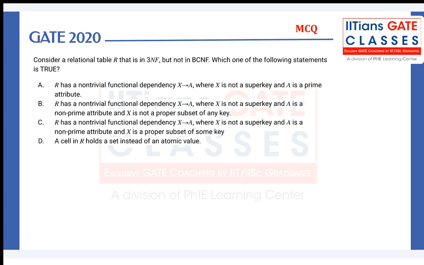There's a table which is in 3NF, but it is not in BCNF. So what is the problem if a table is in 3NF but not in BCNF? What could be the problem?